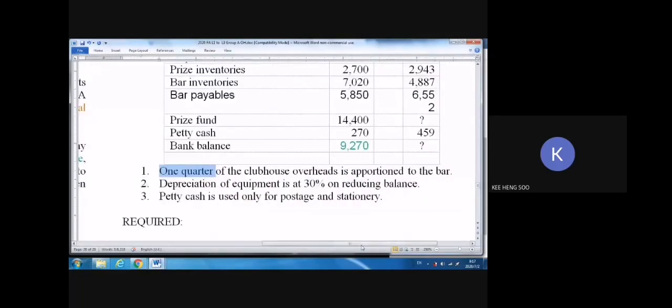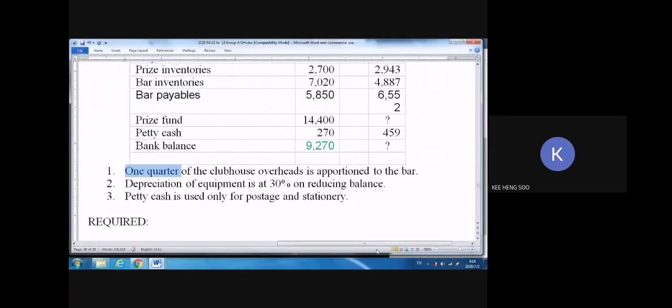My lecture note says that petty cash is used for postage and stationery. But petty cash does not reduce, it increases. Can everybody follow? Petty cash never reduces, it is increased. How can your postage and stationery be a negative figure?